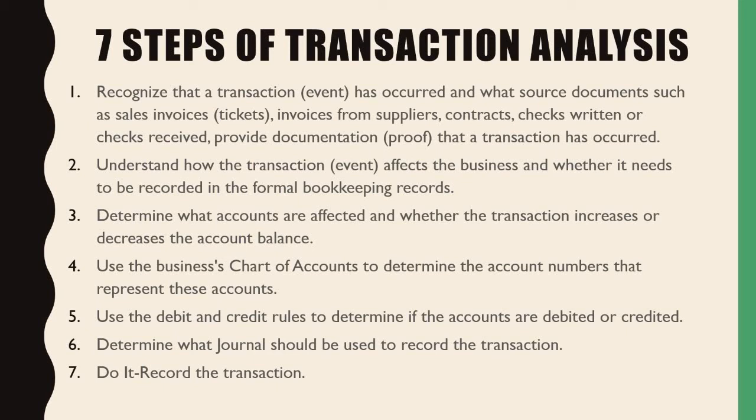And what you're going to do is determine how this transaction affects the business, which is number 2, right? So if you have a receipt for you doing personal shopping to go buy yourself a nice pair of shoes, does that affect your business? No. That was you buying shoes for your personal life.